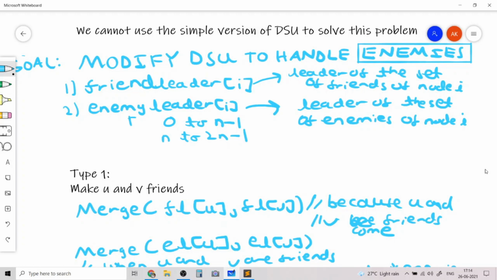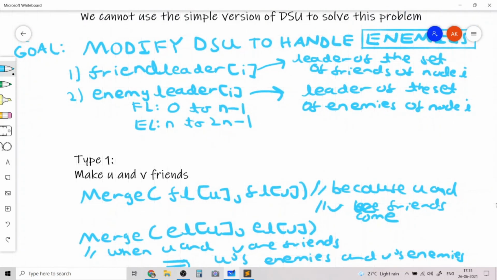This is because it will be easier to implement the find function. I actually tried keeping it in two different arrays and it didn't work out well because the find function gets very confusing. So to keep things simple, just keep the friend leaders and the enemy leaders in a single array, with the friend leaders representing indices from 0 to n minus 1 and the enemy leaders taking indices from n to 2n minus 1.